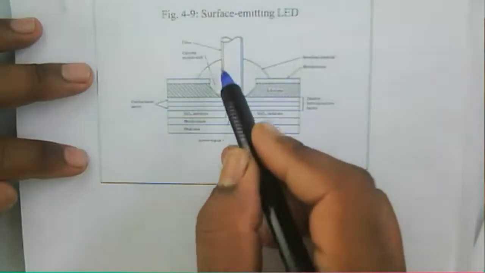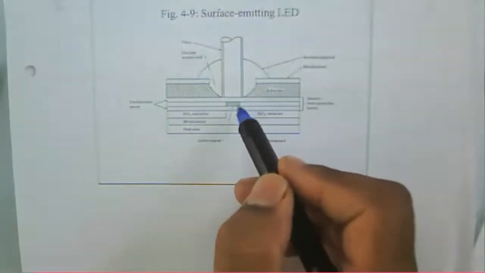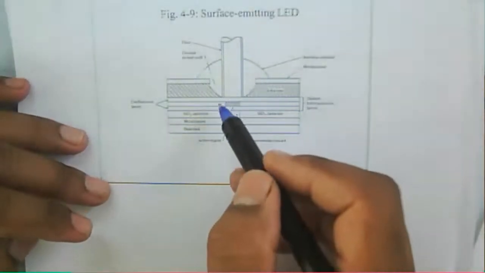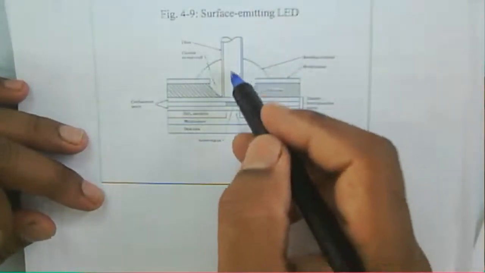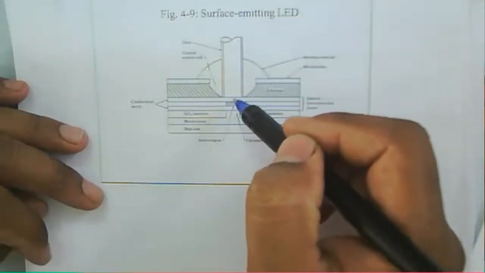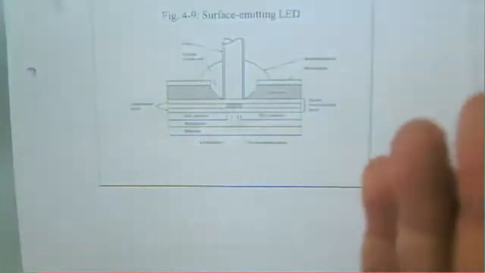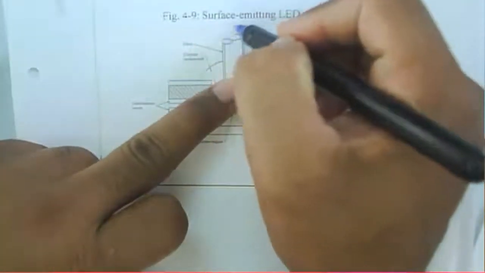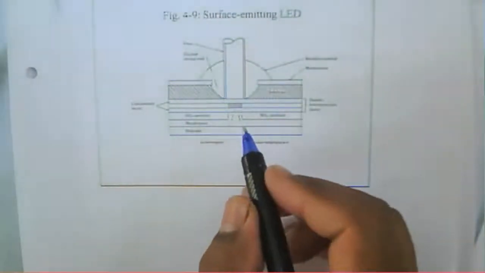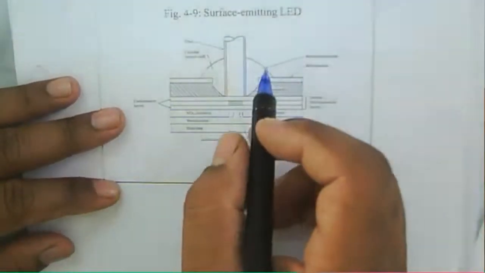Nearest to this active region, a fiber is connected at the time of manufacturing. The fiber is coupled here, so you can connect another fiber here, and your light propagates through it.